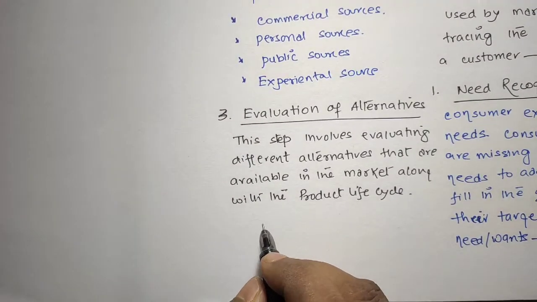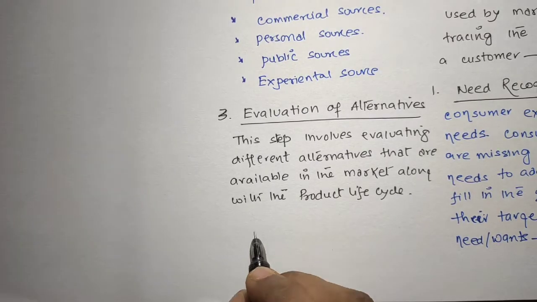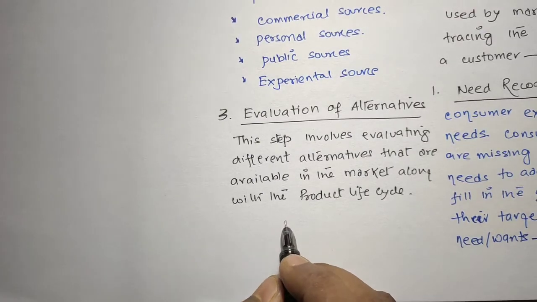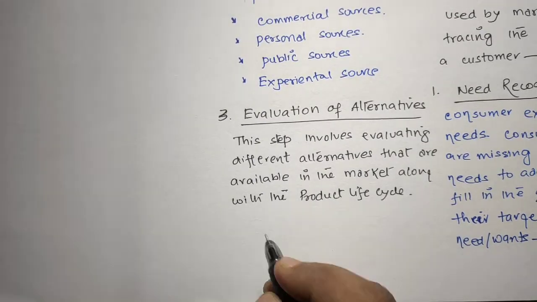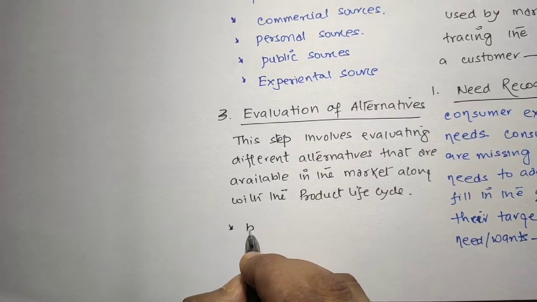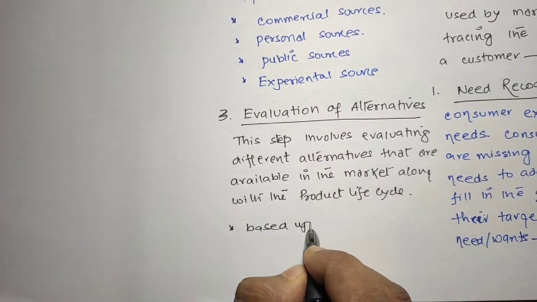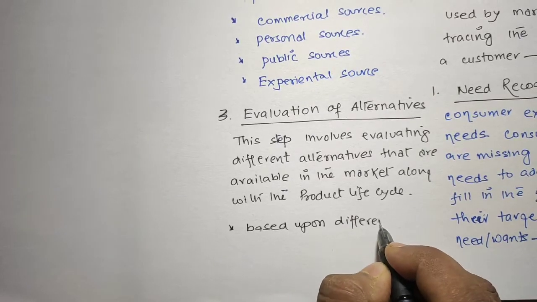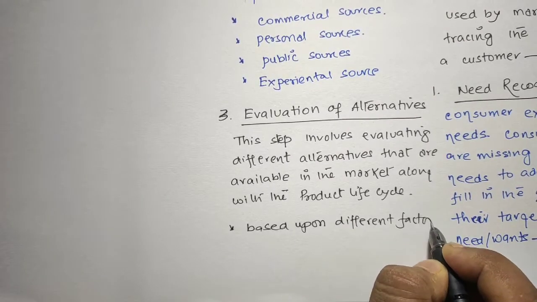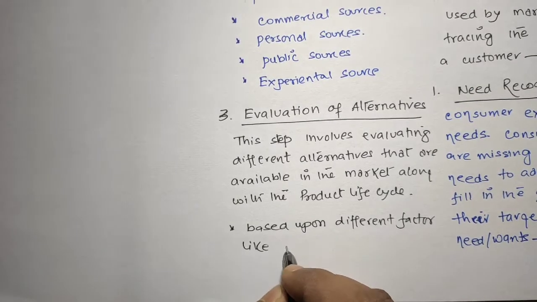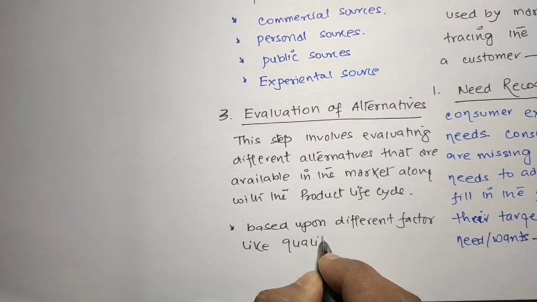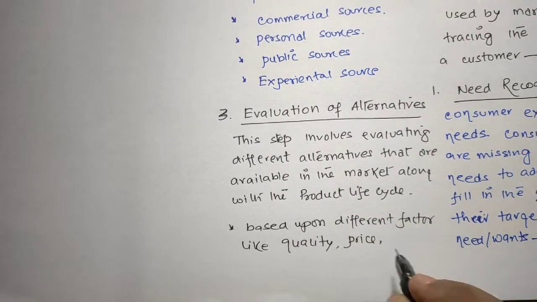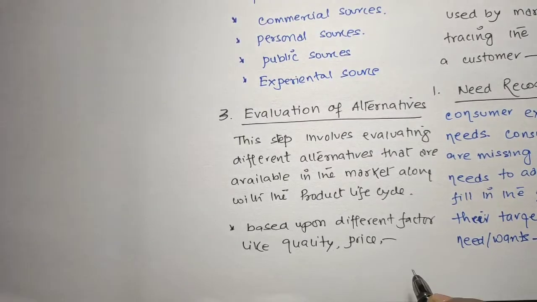Once it has been determined by the customer what can satisfy their needs, they will start seeking out the best option available. This evaluation is based upon different factors like quality, price, or any other factors which are important to customer.